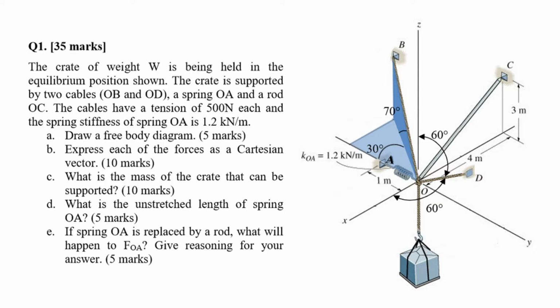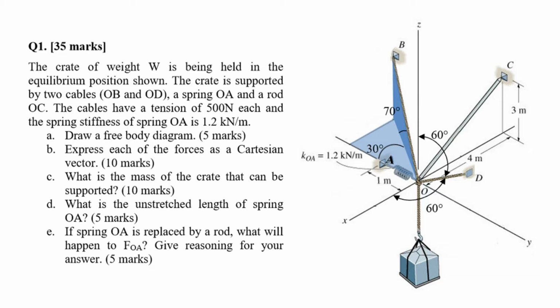The crate is supported by two cables OB and OD, a spring OA, and a rod OC. The cables have tension of 500 Newton each, and the spring stiffness of spring OA is 1.2 kilonewton per meter.